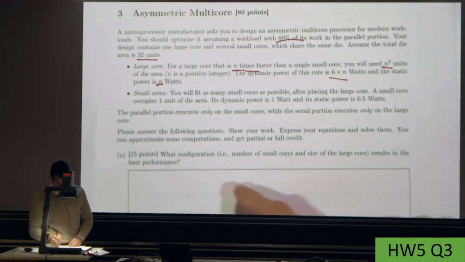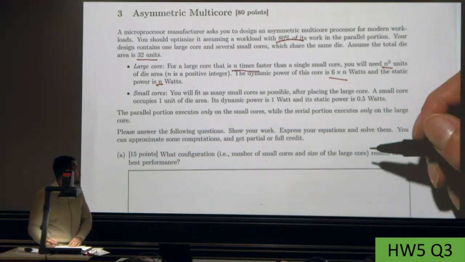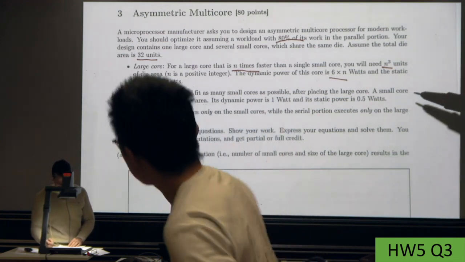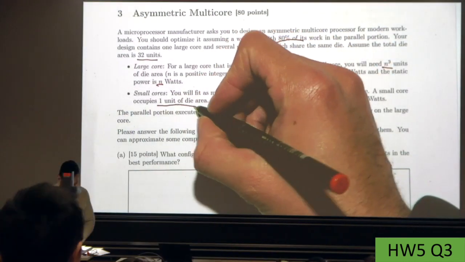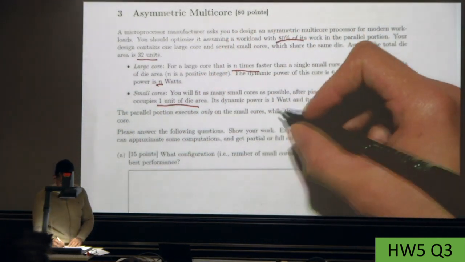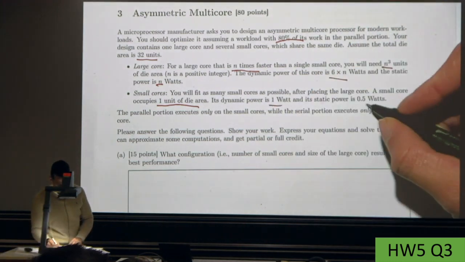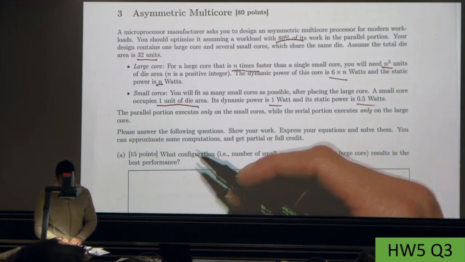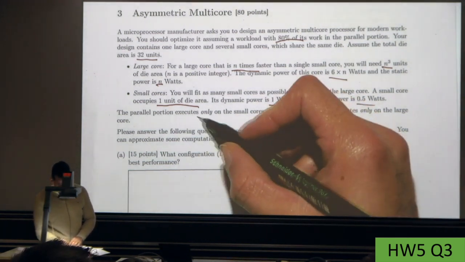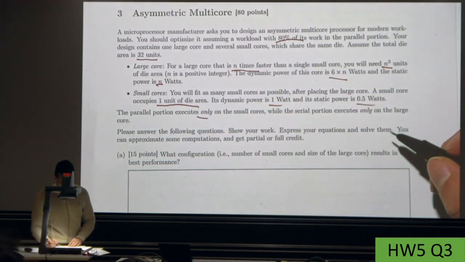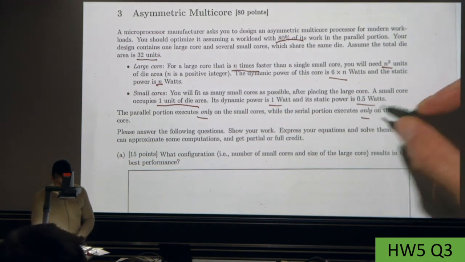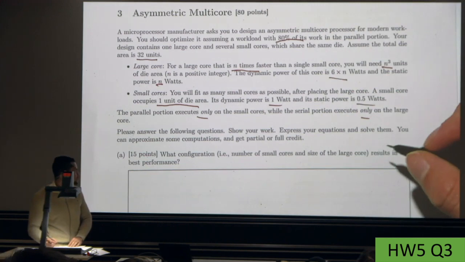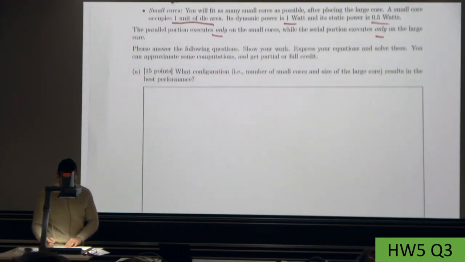For the small cores, you can fit as many small cores in the die after placing the large cores. The area is 1 unit of area per small core, the dynamic power is 1, and the static power is 0.5. They say in the question that the parallel portion executes only on the small cores, while the serial portion executes only on the larger core. So based on this information, you're going to answer the following questions.